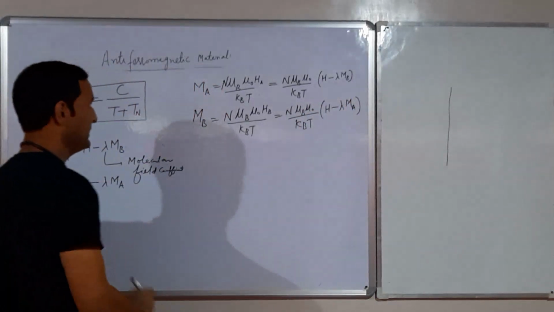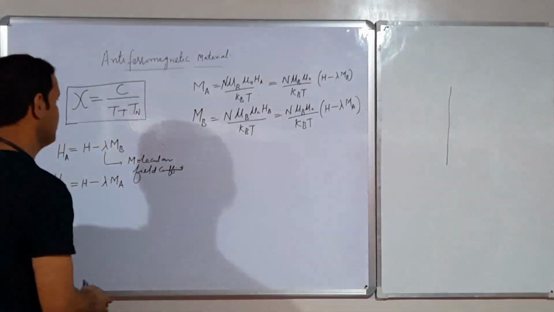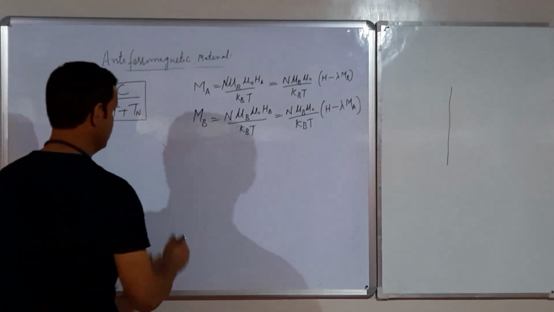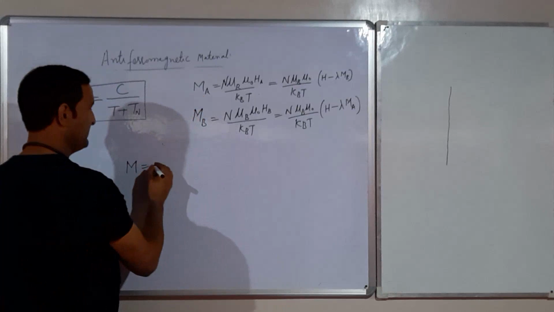So the net magnetization due to the lattice will be the sum of these two magnetizations. We can write M equal to MA plus MB.